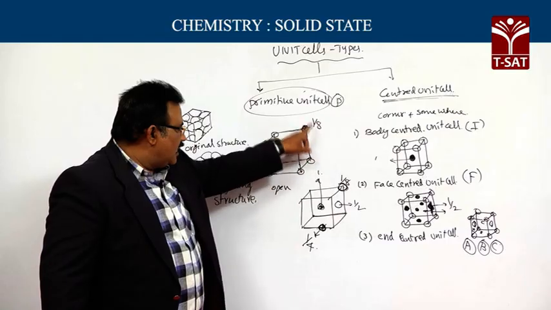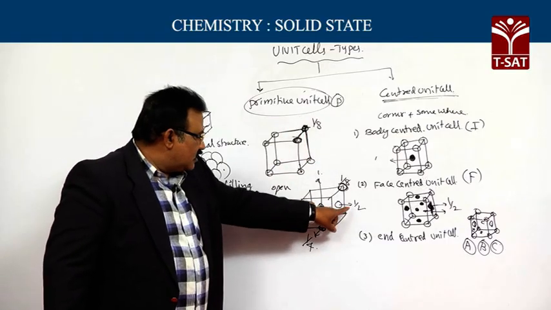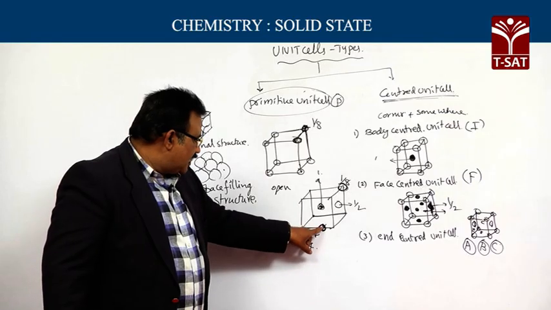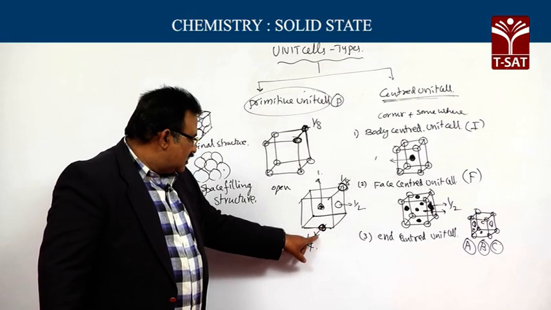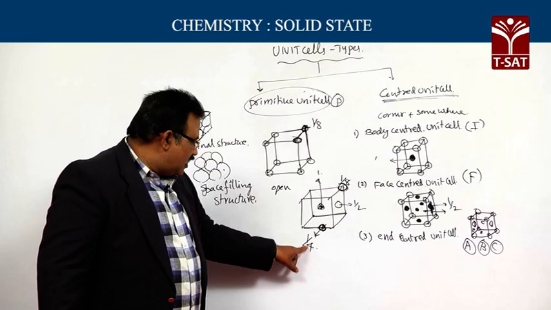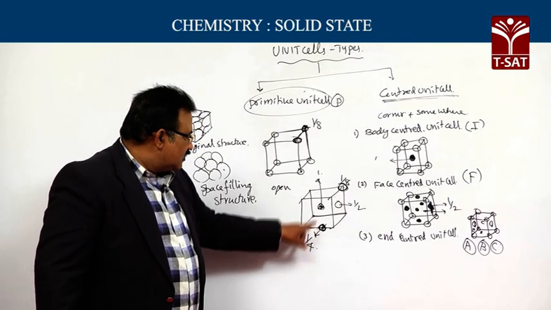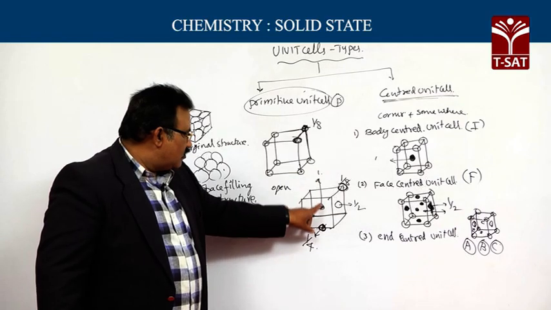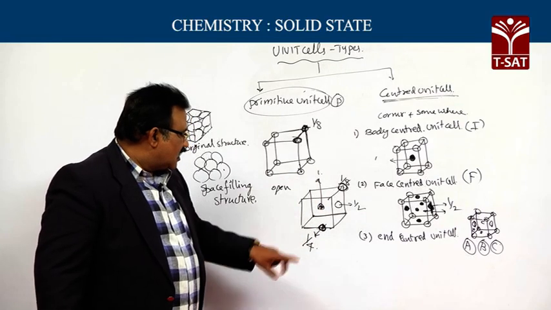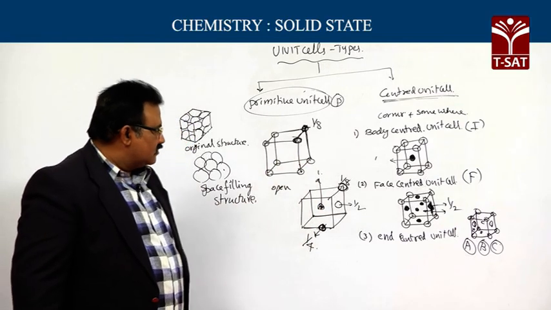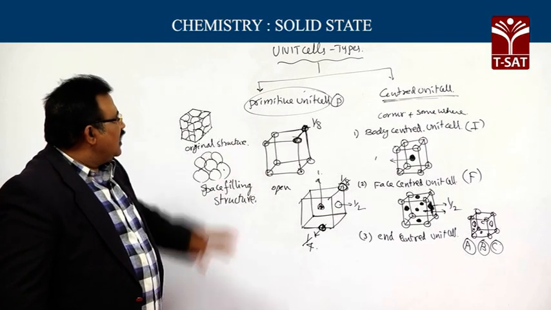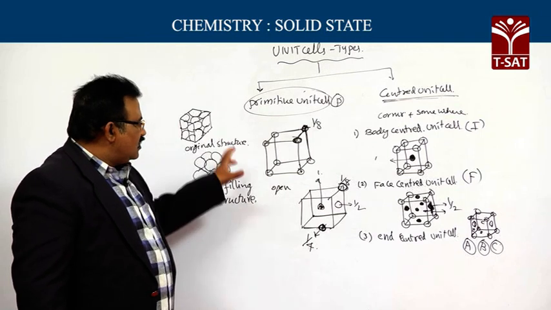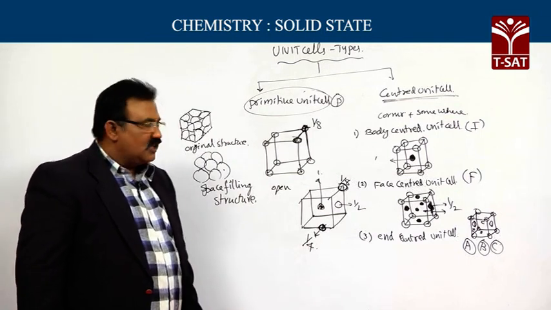Corners 1 by 8, face center 1 by 2, sphere at edge center is shared by 4 unit cells. Body center no sharing. So, if one atom is present, contribution to the unit cell is 1. So, in this way the types of unit cells, basically these 4 types we explained till now.